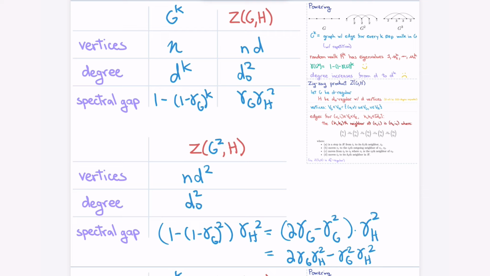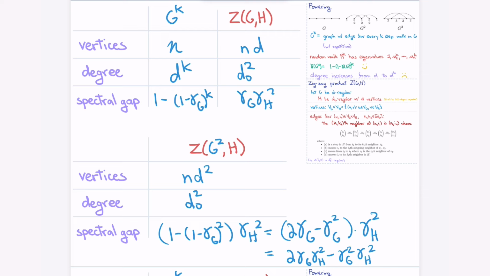So what's the point? Think of gamma H as really close to 1. We could have made this constant K2 bigger by taking a higher power of G. But think of H as an expander, so think of it as really close to 1. So just for sake of discussion, imagine it is 1.